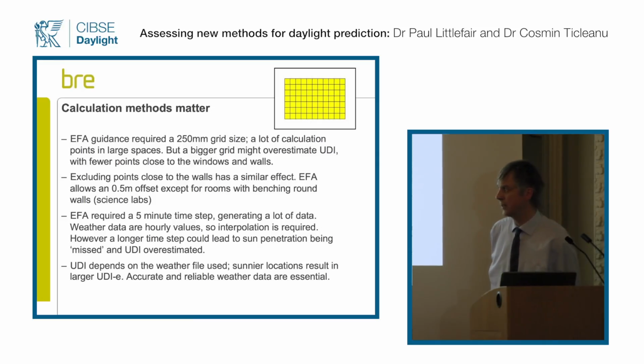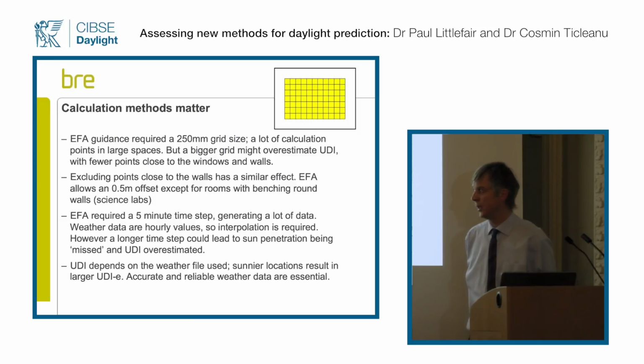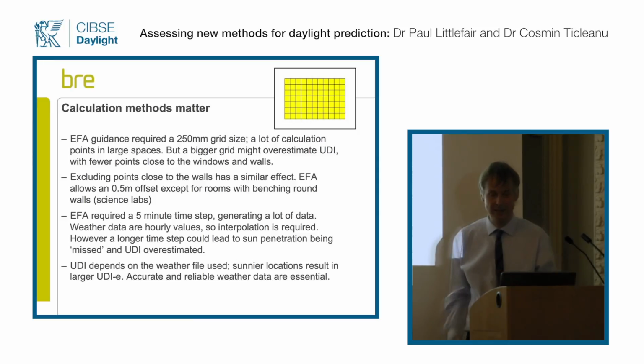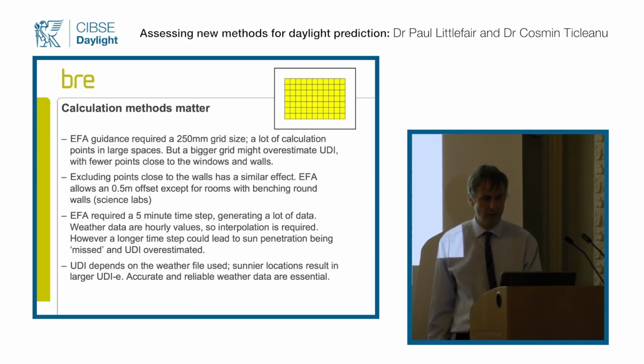And one of the complaints that people had was that some weather data files were not reliable, and you'd be going through the weather data file and it would suddenly have a spurious data point with either a 0 or very high irradiance, and of course that messed up your UDI because it would automatically give really high or low values in the room.